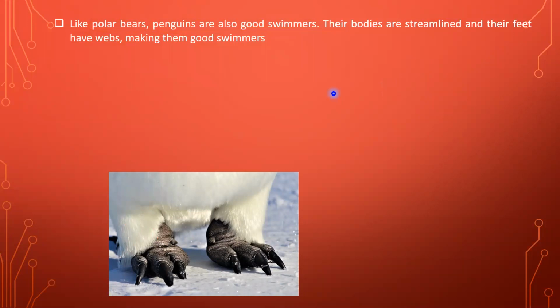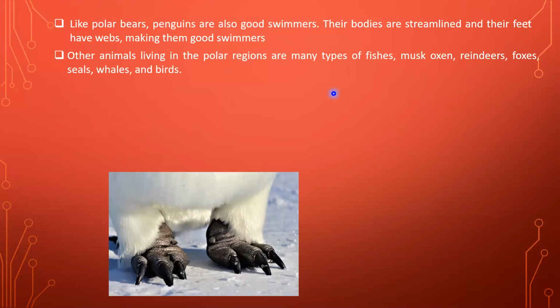This is another adaptation similar to that of the polar bear. Now, these are mostly the animals which are observed in the polar regions. That means most of the polar bears and penguins are observed in the polar regions.